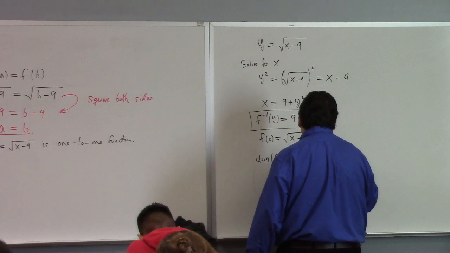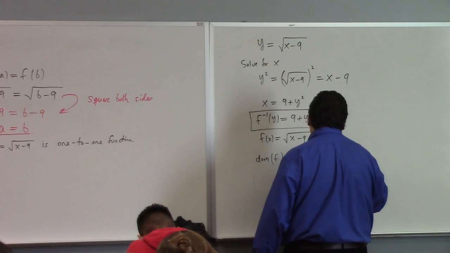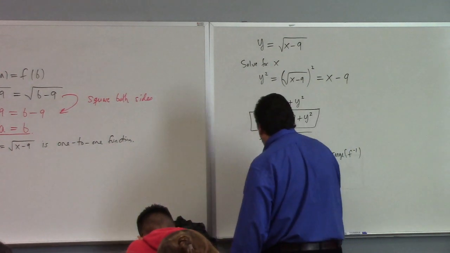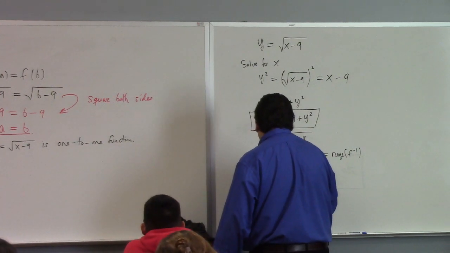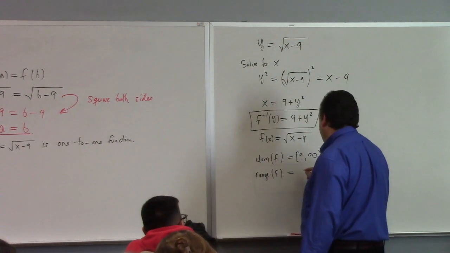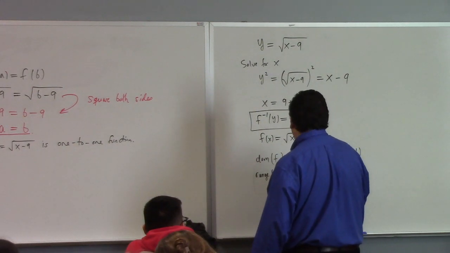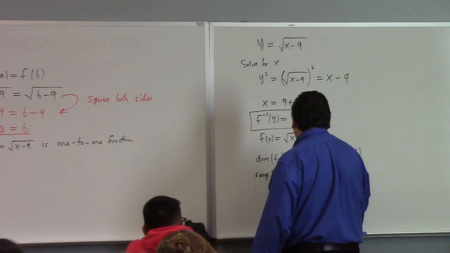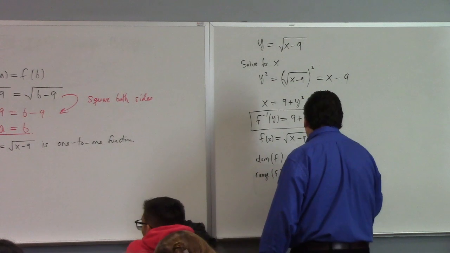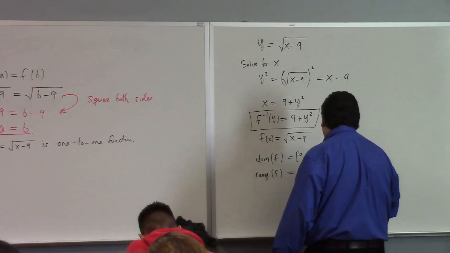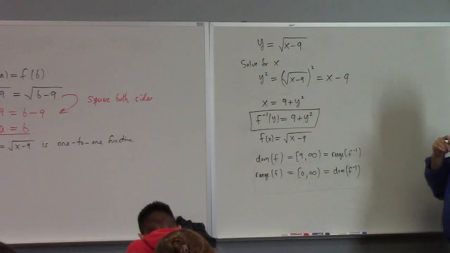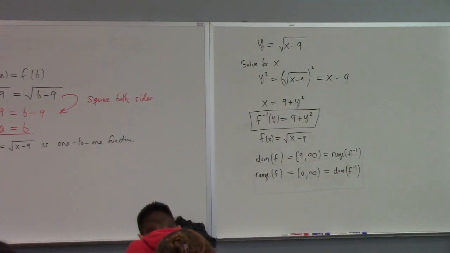And that would be the range of the inverse function. And what is the range of the function? Yep, 0 to infinity, which you can see from my graph, right? And that's equal to the domain of the inverse function. Now that's a little bit tricky here, right? If you just looked at the boxed formula, what would you say the domain is?